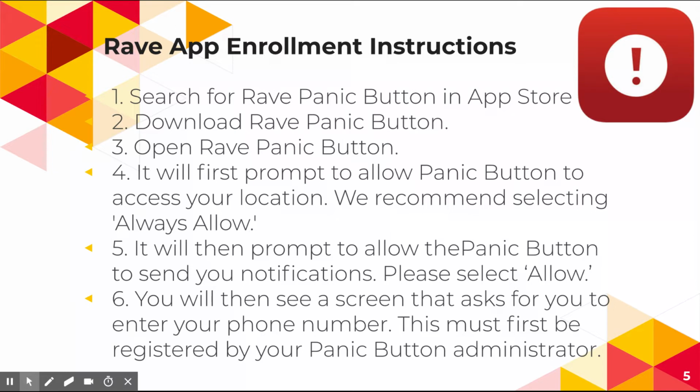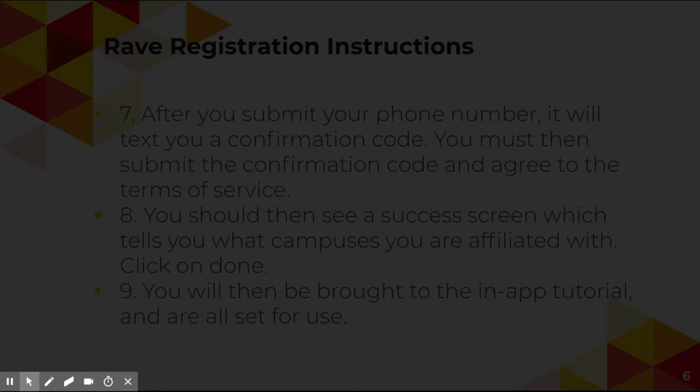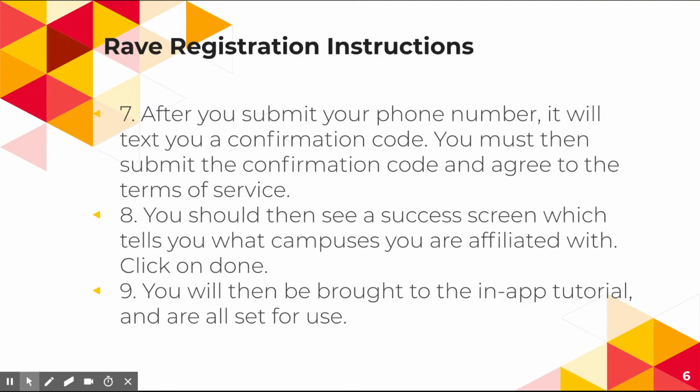Summoning emergency assistance and providing immediate notification to your colleagues of an incident is simple. From the app home screen, press and hold for 1.5 seconds the emergency button that corresponds to the type of emergency you are calling to report.